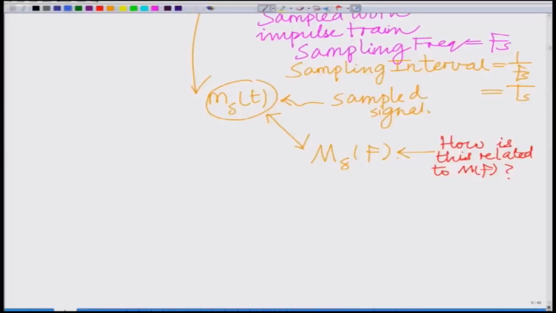We want to see under what conditions and what type of distortion occurs, and how we can fix the parameters of sampling such that the distortion is minimized, and if possible there is no distortion at all.